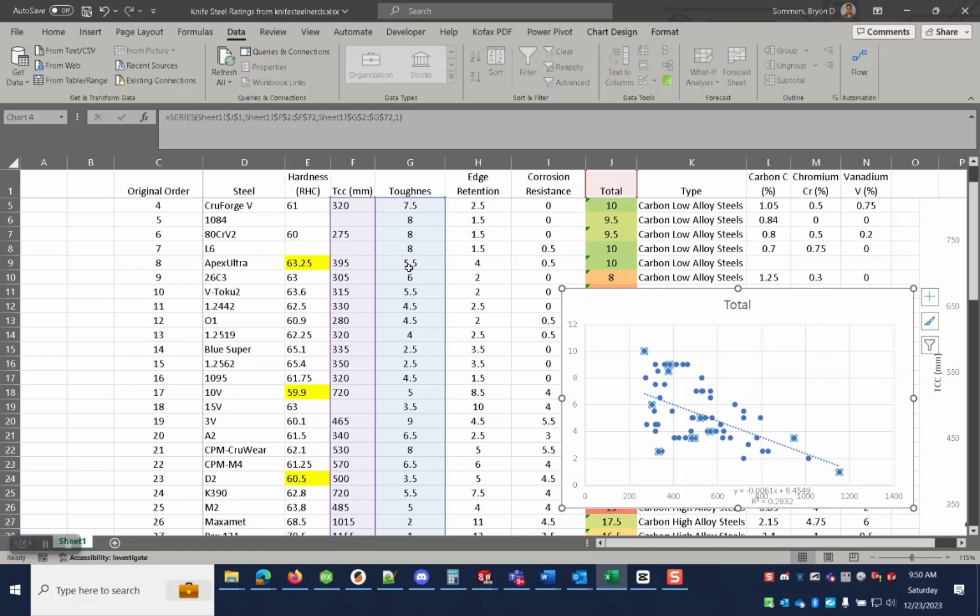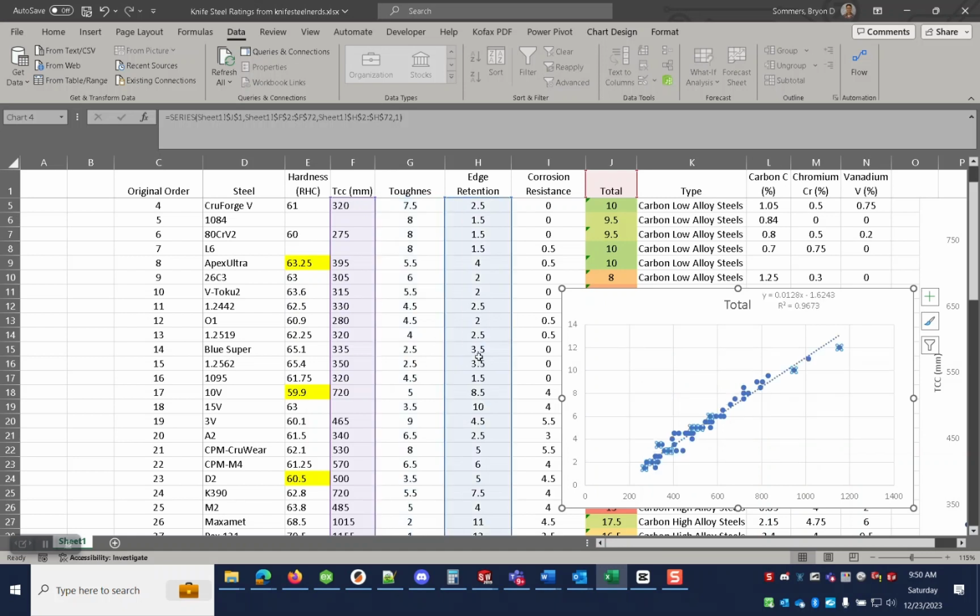How about toughness against total cards cut. So this side kind of makes sense, 0.28 R squared. So as the toughness goes down, you can cut more cards or you get better edge retention. So I think that somewhat aligns.